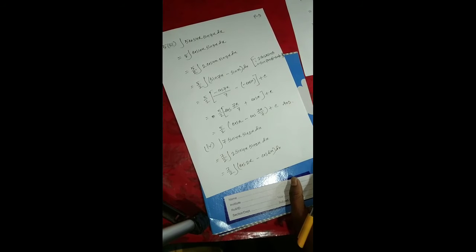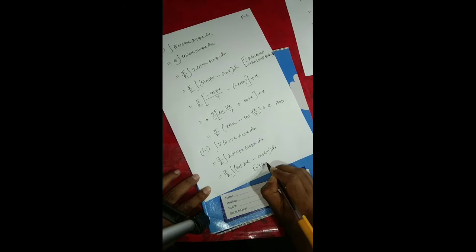Now I write down the formula. Here the formula of 2 sin A sin B is equal to cos of A minus B minus cos A plus B. Done.